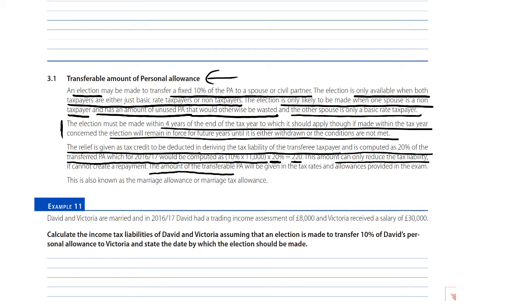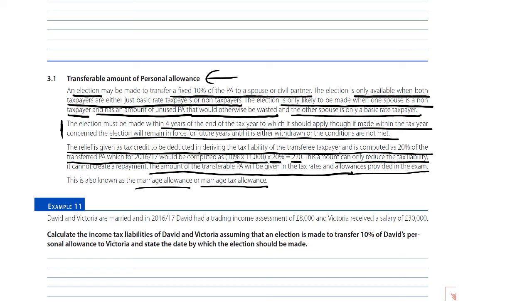The amount of the transferable personal allowance will be given in the tax rates. So again, if you're looking at your rates and allowances page now, you'll see reference to that. That's given to you, but you obviously have to know how to apply this. You may see in other texts references to either the marriage allowance or marriage tax allowance. That's the same thing. So don't think there's some new thing there that you've never heard of.